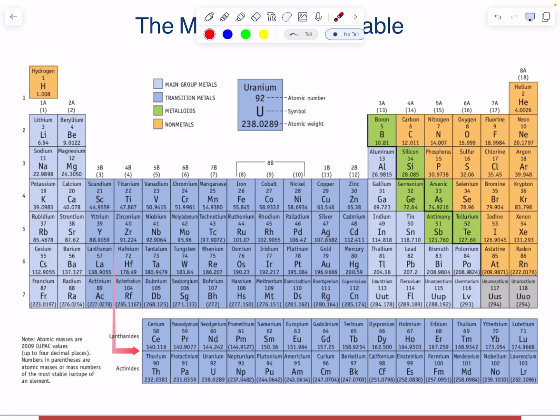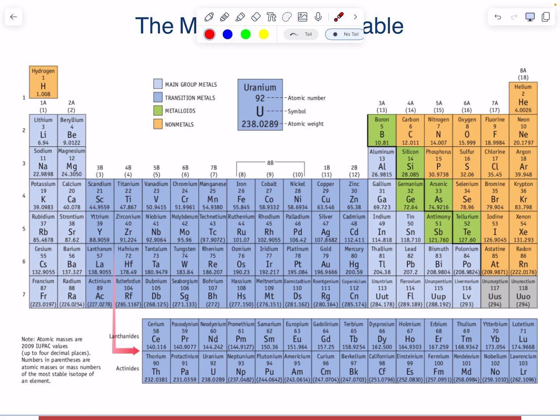So as we learned more and more about the elements, arranging things based on their mass alone led to some inconsistencies. And once we discovered what protons were, a scientist named Moseley said, you know what, let's change our organizational principle and organize the elements by increasing atomic number, increasing number of protons in the nucleus.